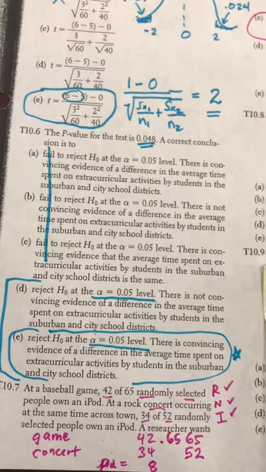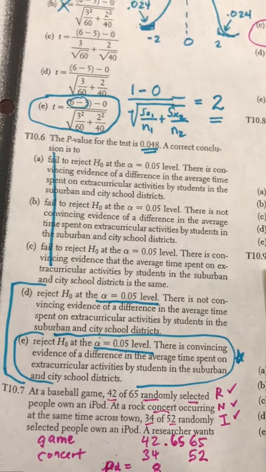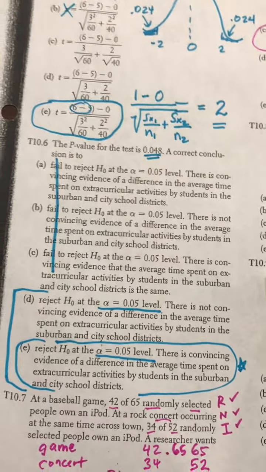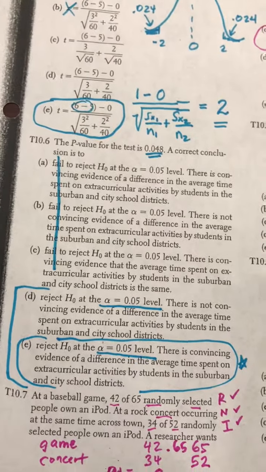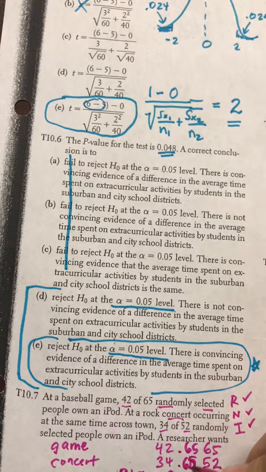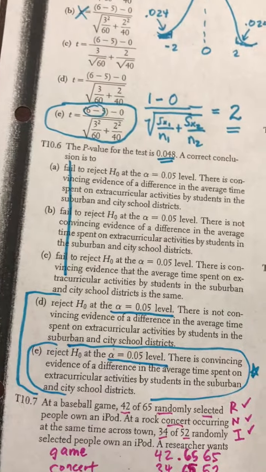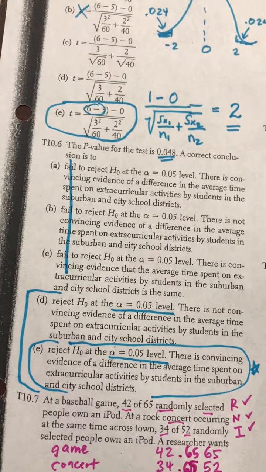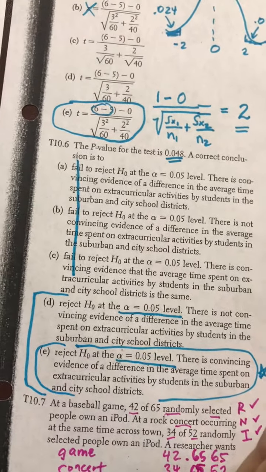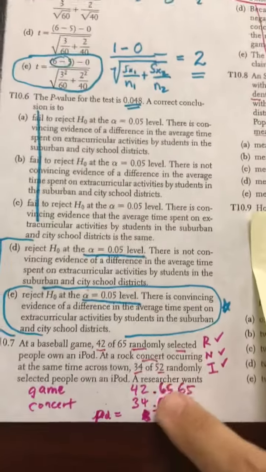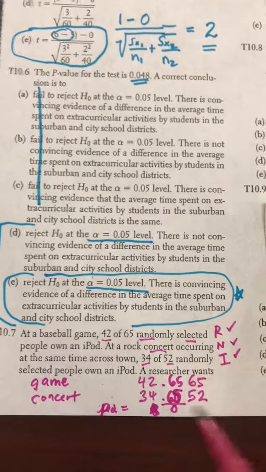The proportion at the concert would be 0.65. It's a slightly different decimal, but it's definitely 0.65. So notice how the difference in proportion was 0, even in your sample data.